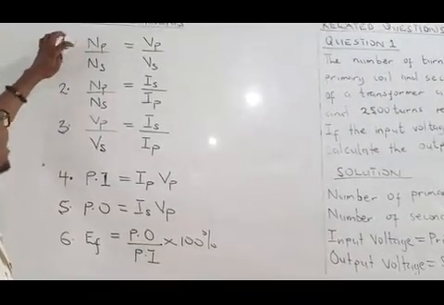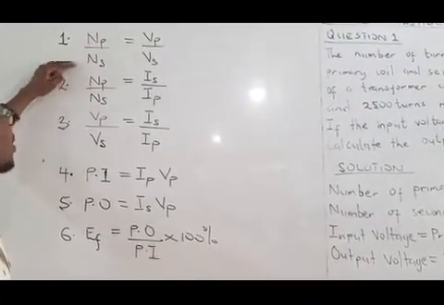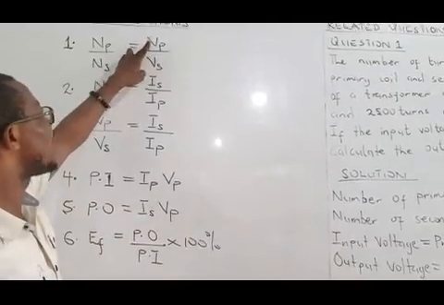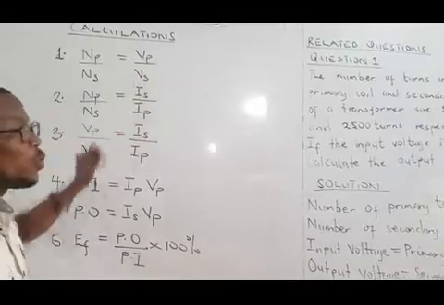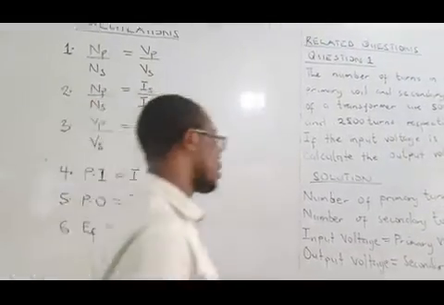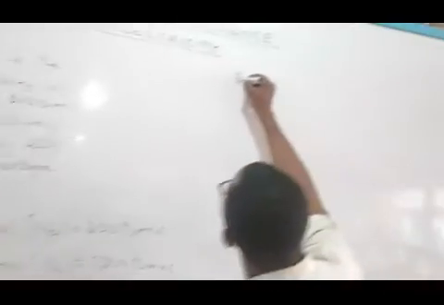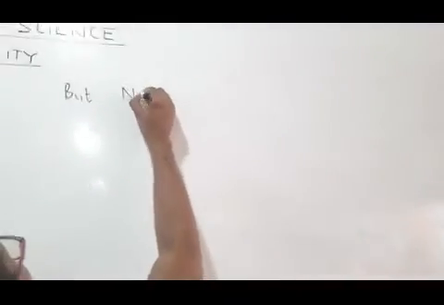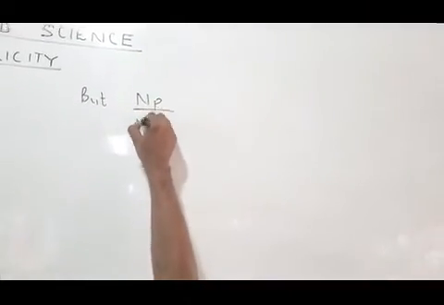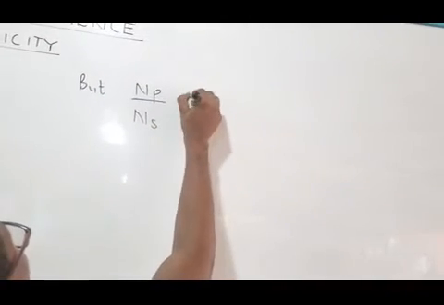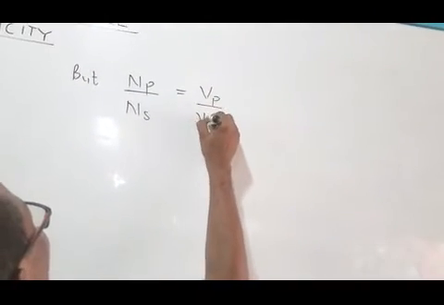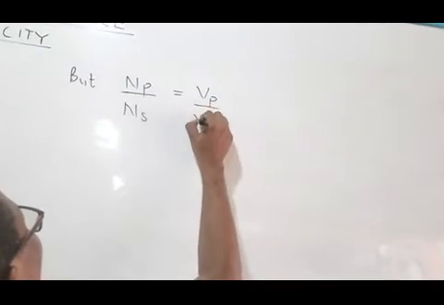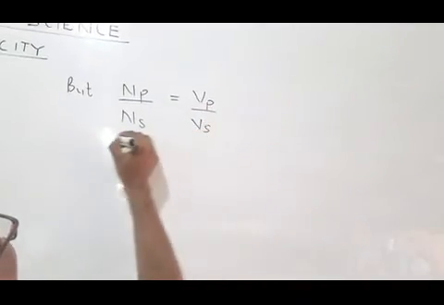We have been given the number of primary turns, we have the number of secondary turns, we have the primary voltage. We've been asked to find the secondary voltage, so we make Vs the subject. From equation 1, we have number of primary turns over number of secondary turns equal to the primary voltage over the secondary voltage.